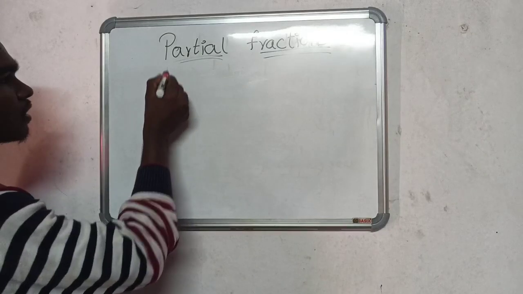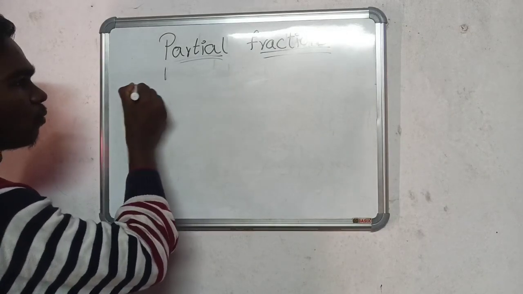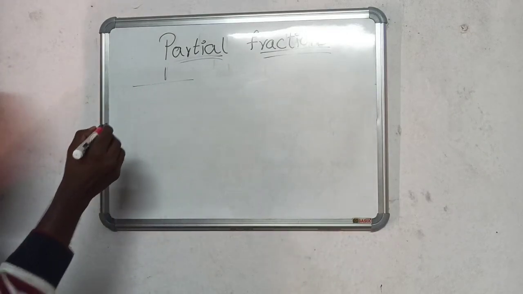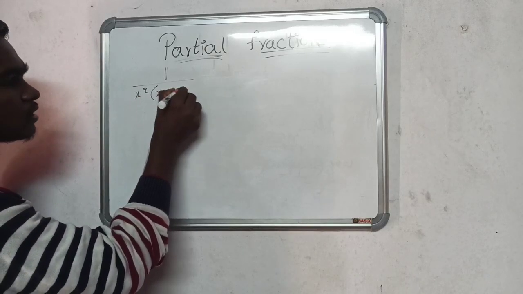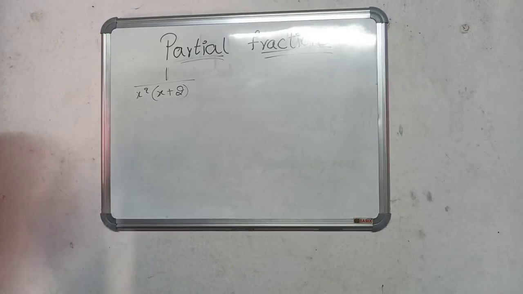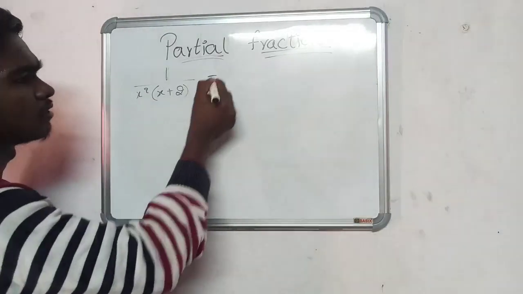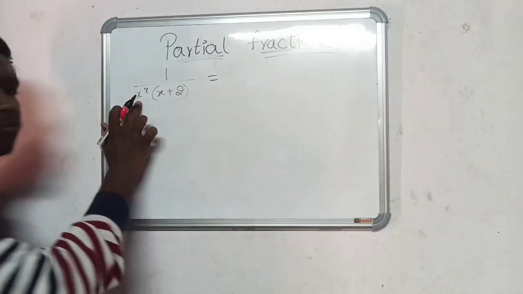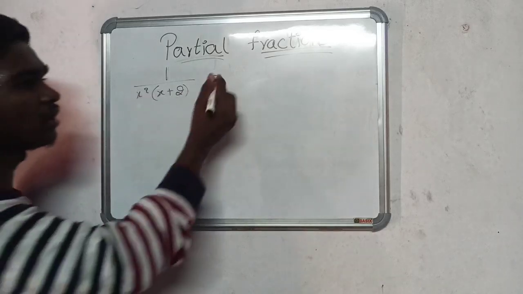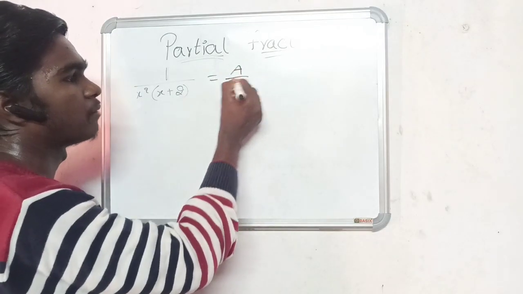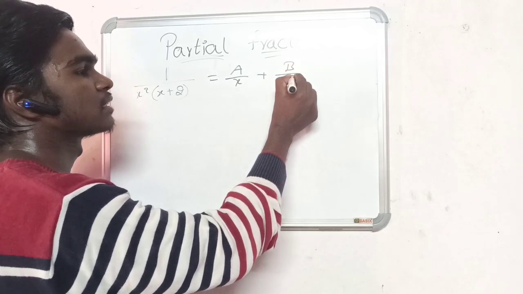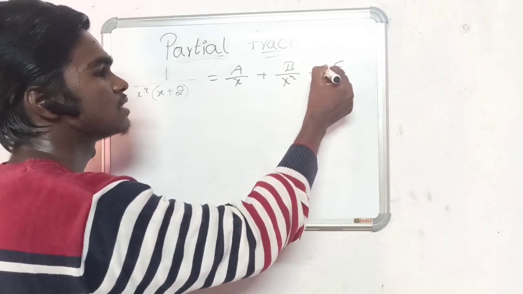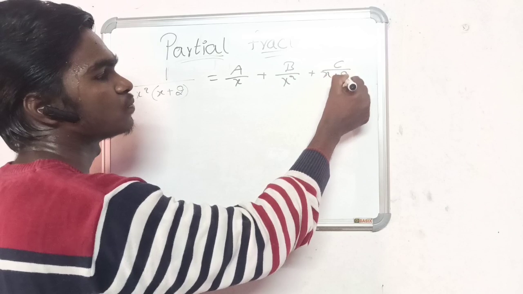Now let us see the example for case 2 problem. The example is 1 by x square into x plus 2. The simple step we want to take while resolving this is, here we have x square, so we want to write a by x plus b by x square plus c by x plus 2.